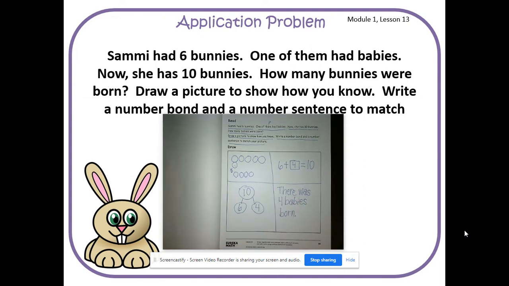And that's how we answer our application problem. Go ahead and copy everything that you see. If you need more time, go ahead and press pause on the video and press play when you're ready to continue.